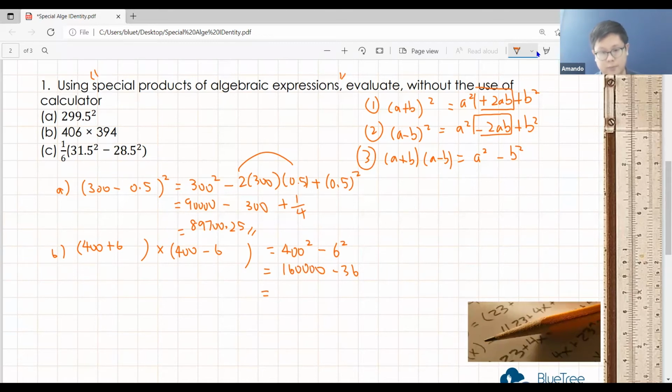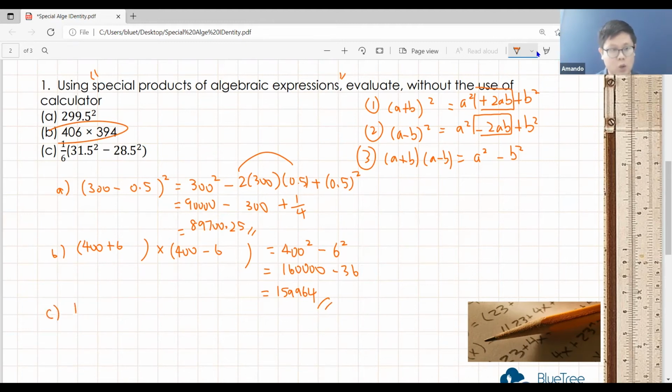Then the final answer. All right, and also double check with the calculator using the exact question here to see if it's the same, to avoid any chance of making careless mistakes, right? Once you see that it's the same answer, you should be getting your marks.